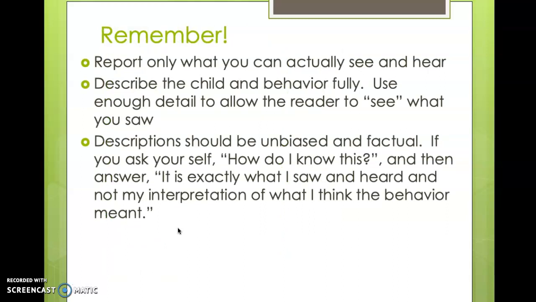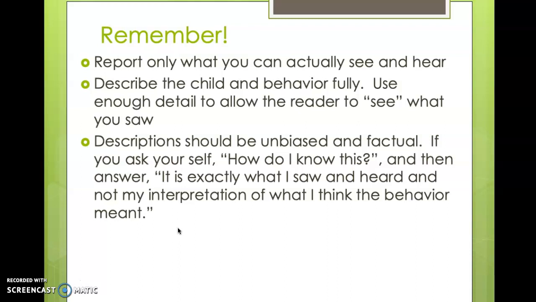Describe the child and behavior fully without giving it a reason, like the child was angry. You want to just say, the child cried, the child ran, the child fell on the ground, the child lay on the ground. Don't assume why the behavior is happening because you can't crawl inside the child's head to see it.